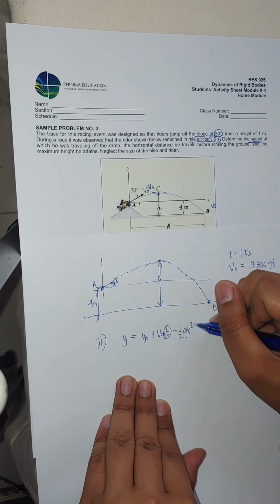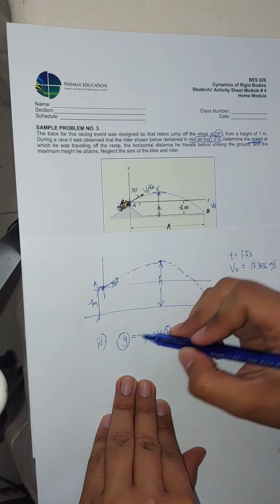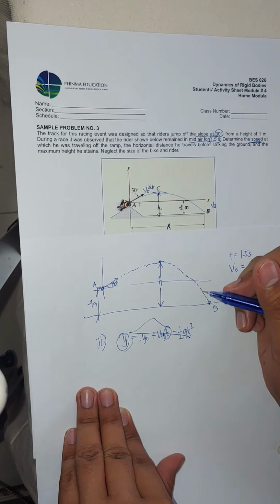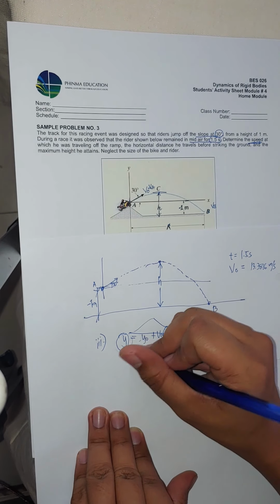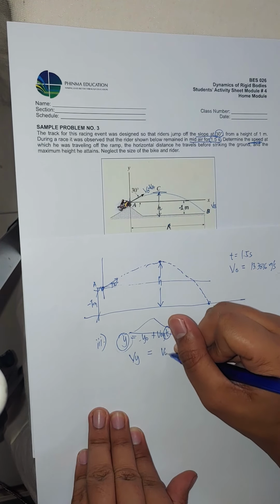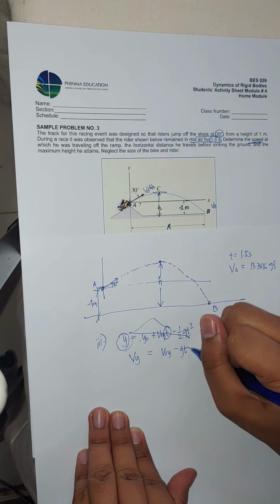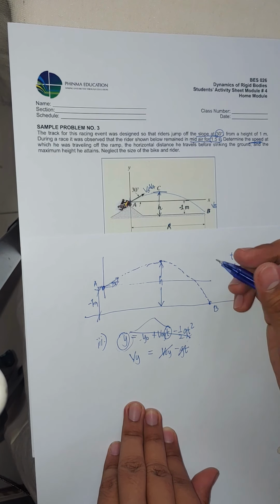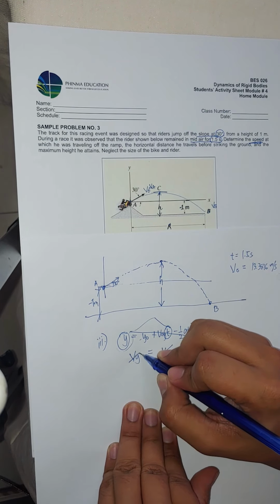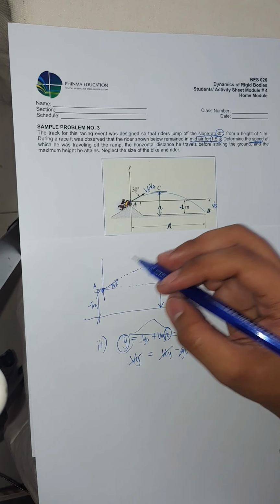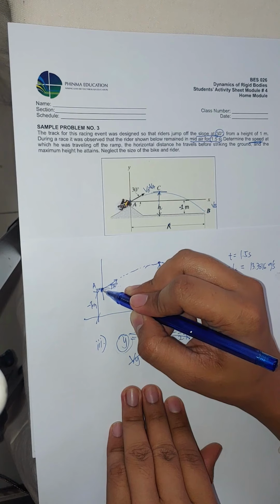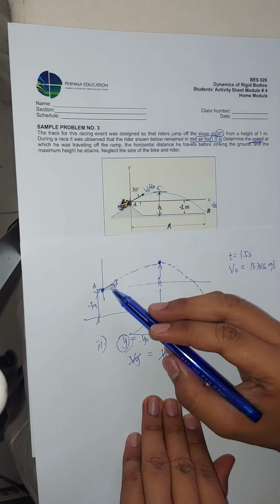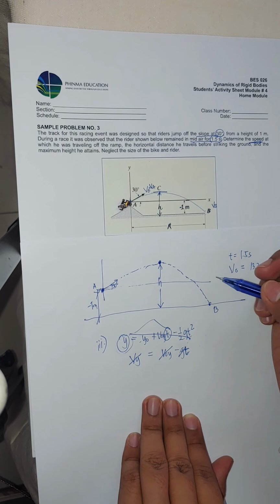You have G, and we still don't know the y. So two unknowns. Therefore, we cannot use this equation. So let's try Vy is equal to VOY minus GT. We know the initial, we know the gravity, we know the velocity along y from starting point to this point. Therefore, we can solve for the time from this point to this point.